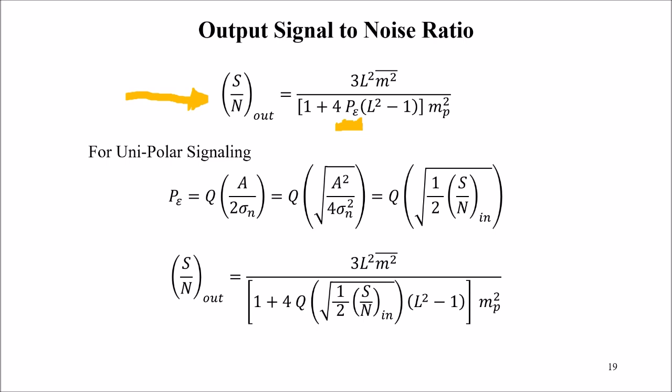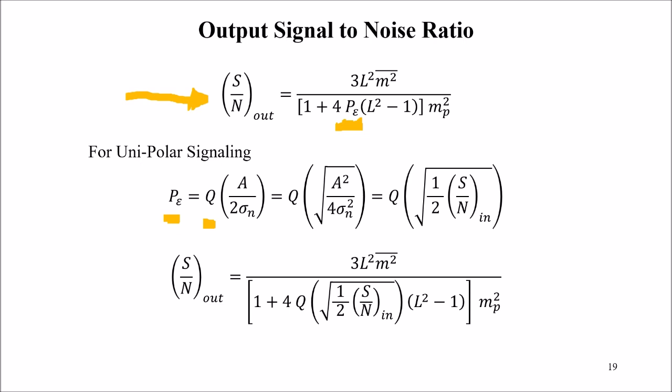Now, depending upon the binary signaling system used, or using unipolar signaling, this probability of a bit error we've determined is the Q function. This is from the Gaussian distribution of A divided by 2, the threshold voltage, divided by sigma n. Sigma n squared is the noise power, so sigma n is the square root of that. I've squared everything and taken the square root inside these parentheses.